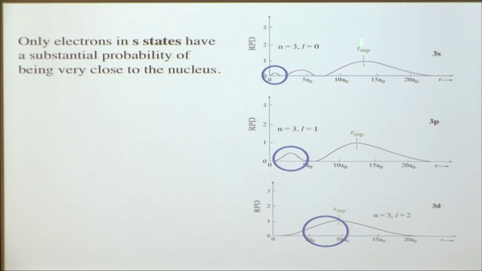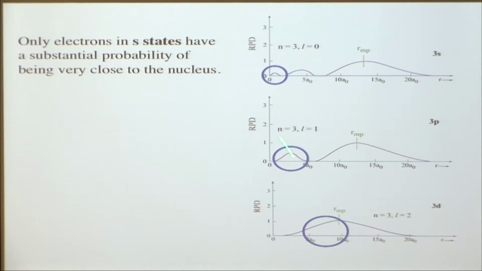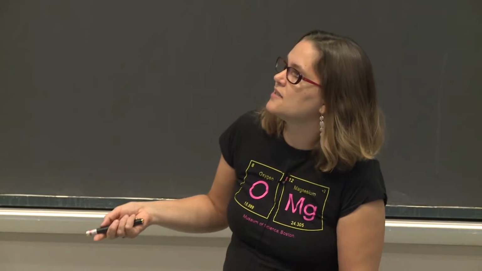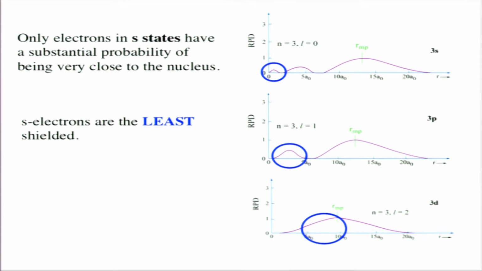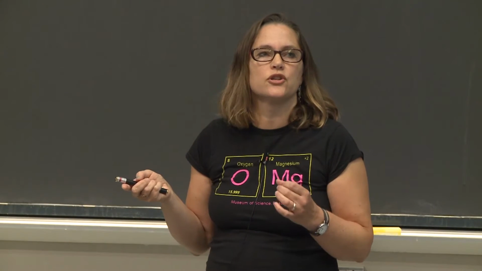And then the closest probability over here for these electrons is quite a bit farther away. So we see these circles kind of move out. So even though the overall radius, the sort of size of the whole thing, is decreasing, the probability that there are going to be electrons really close is actually going in the opposite direction. And so what this means is that S electrons are the least shielded because there's higher probability that there'll be some close to the nucleus.